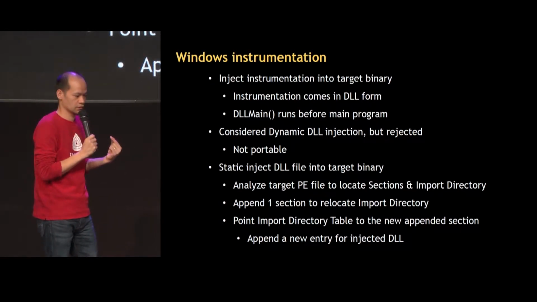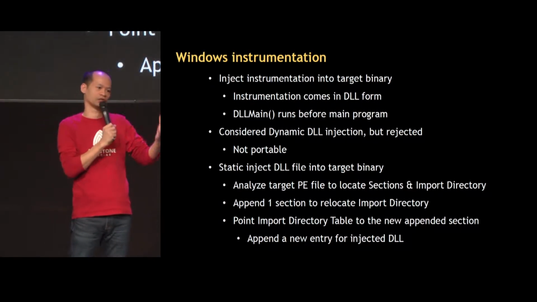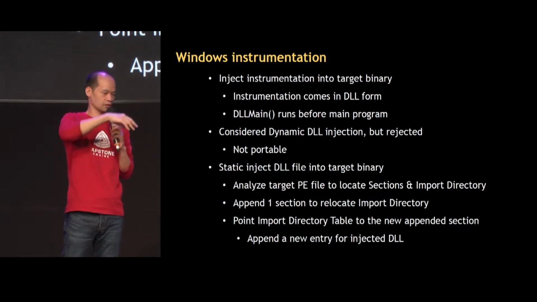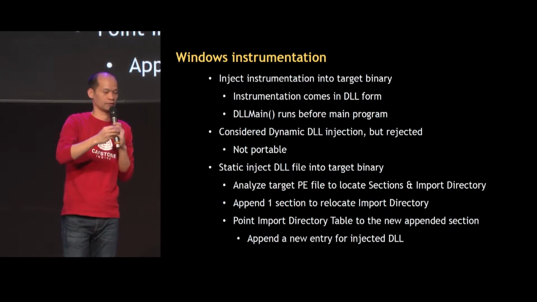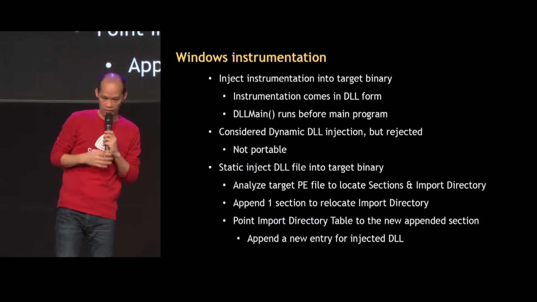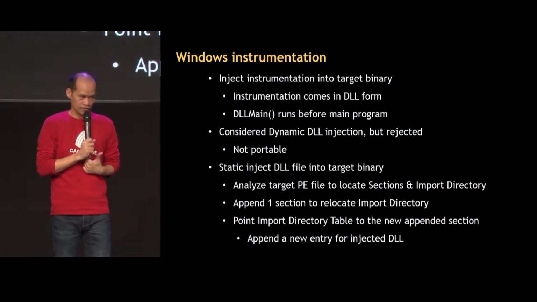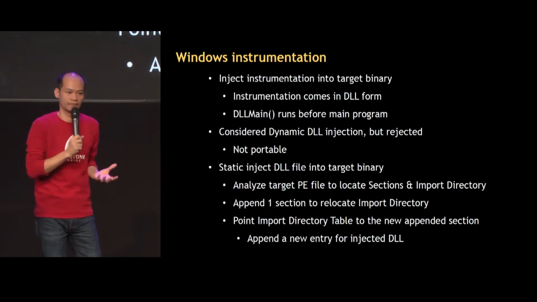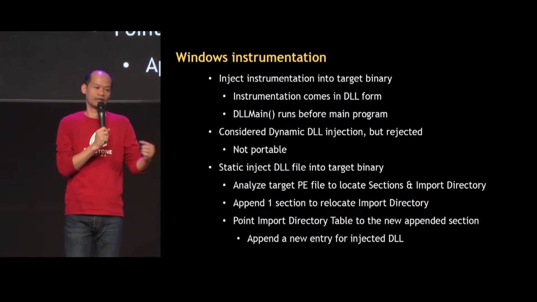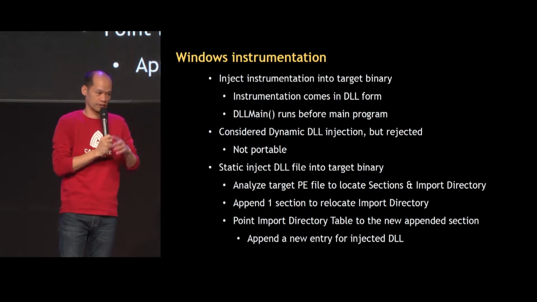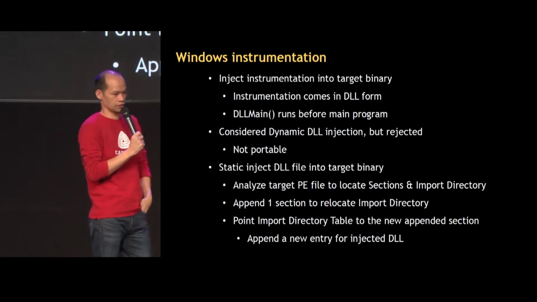You do that at runtime using an external process to monitor all the running processes, and when your target program runs, it injects the DLL into the target program, right? That's one way. But we found that this way is not very good, because we need to change the system so we can inject the DLL into the target program. You need to monitor all the processes inside your system.